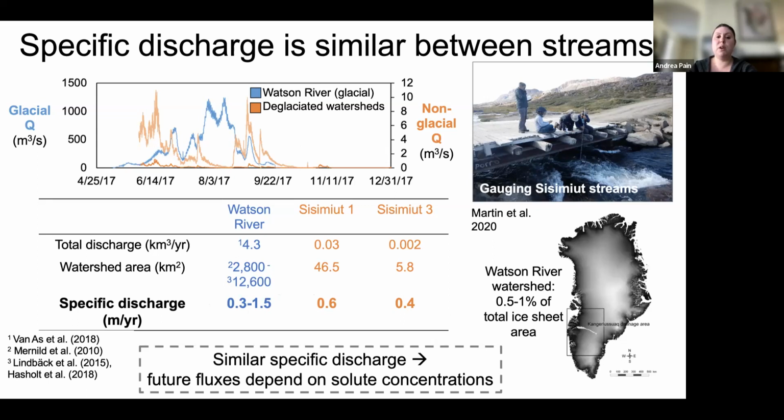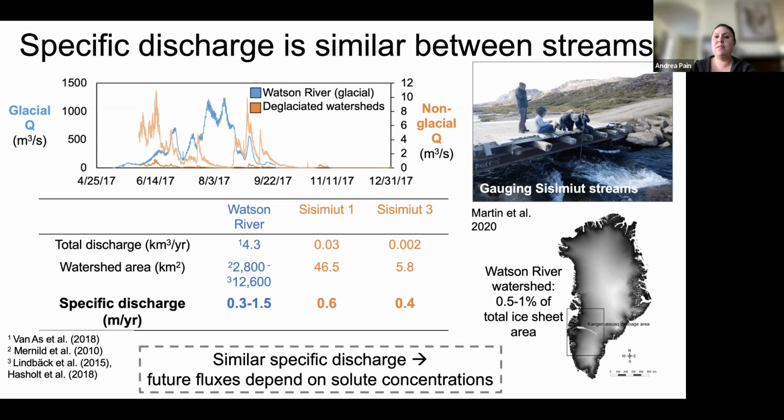This has to do with numerous complications in looking at the subglacial topography, as well as defining the area that contributes to one particular glacial outlet. Despite this uncertainty, the order of magnitude of specific discharge is relatively similar between streams.